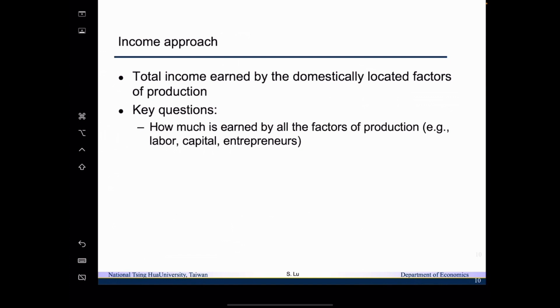So when you want to come up with the GDP from the income approach, you need to take care of the profit part carefully. You need to ask yourself whether or not there is profit. If there is any profit from the production process, we need to add that in when we want to come up with GDP using the income approach.